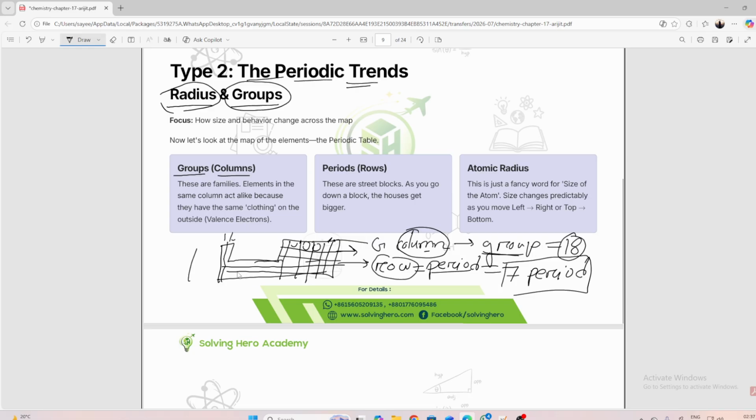So under the main periodic table, what I have just said, these straight lines, these columns, are called groups, and these are called periods.